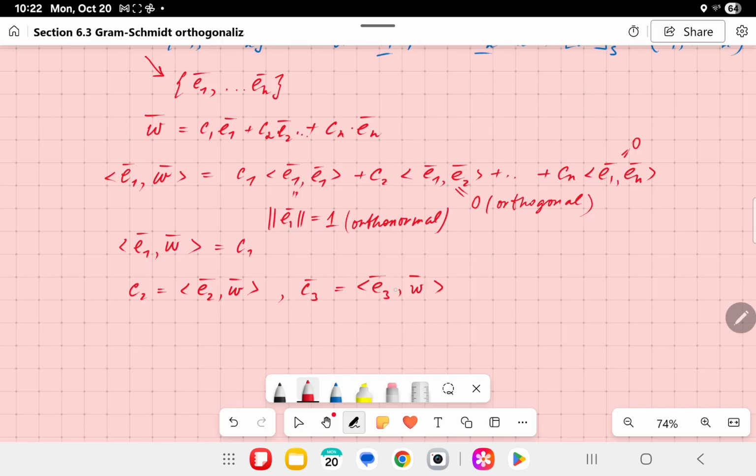If it's E2, it's C2, and if it's E3, it's C3. And it's making our life much, much easier. So Cn, last, is going to be En with W. That's a legal way to find the coordinates. We don't need to solve systems of equations anymore. We just do inner products, or dot products if we wish.